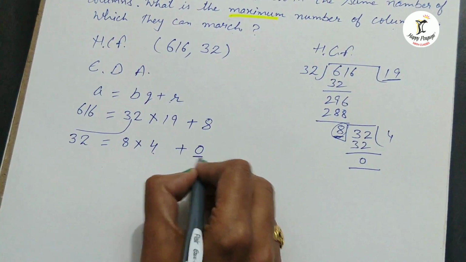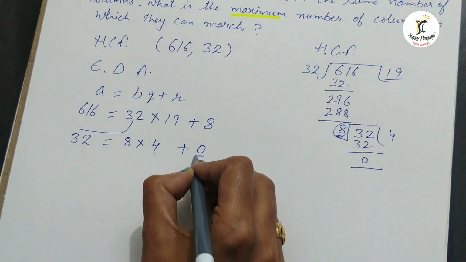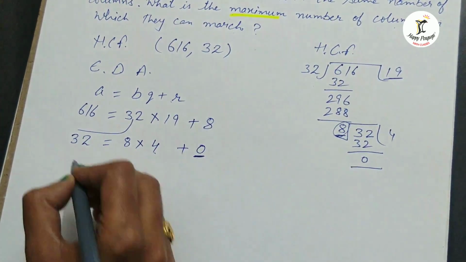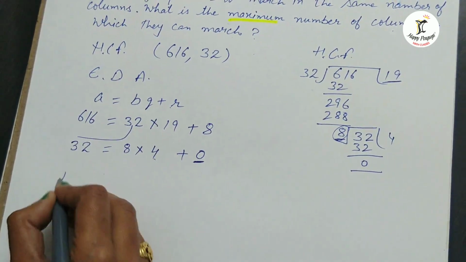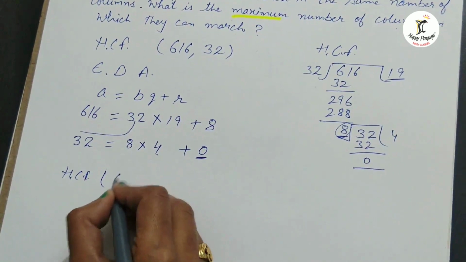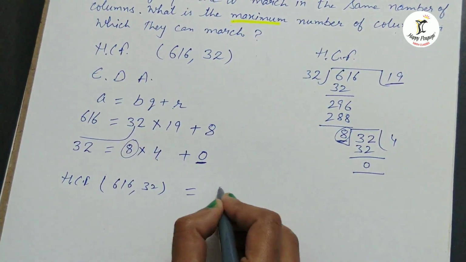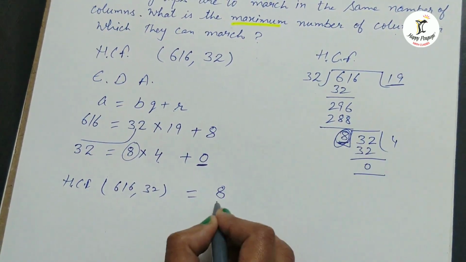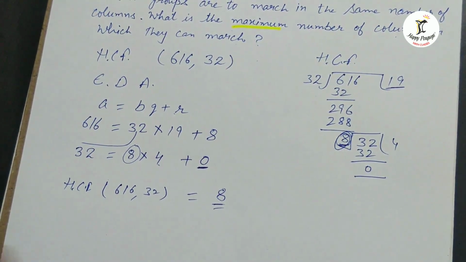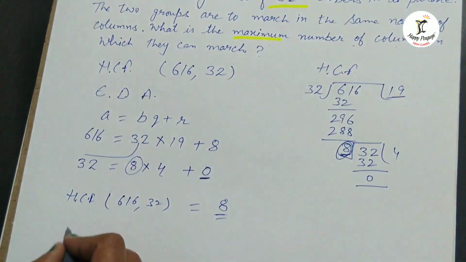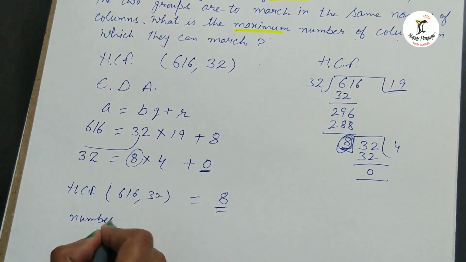Here we get 0 as remainder, so our process stops here. We got the HCF of the numbers 616 and 32, that is 8. This is our answer. It means the number of columns is 8.